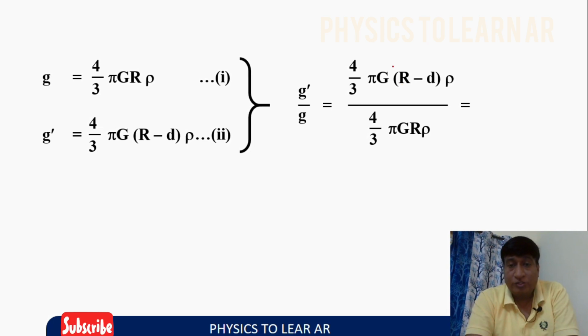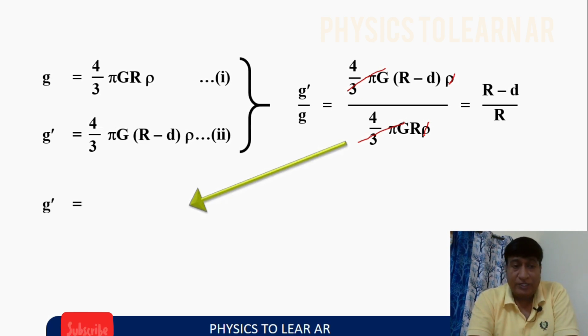Here 4 by 3 pi capital G is cancelled, and rho is cancelled. Finally, we get g dash by g is nothing but (R minus d) by R.